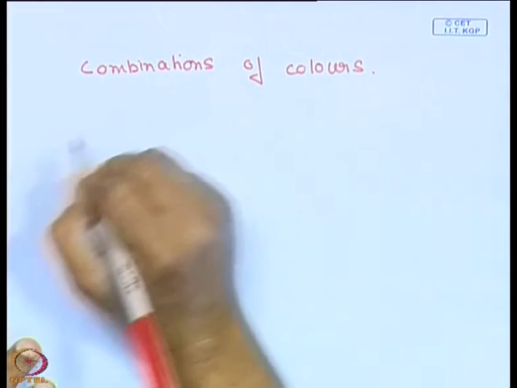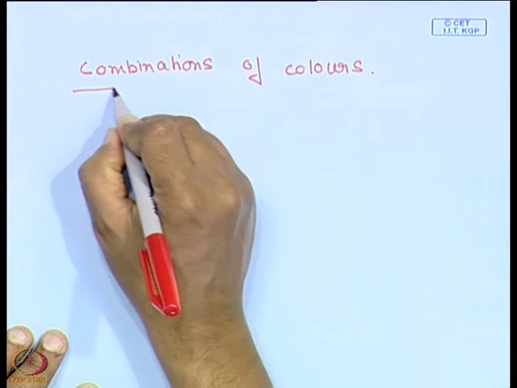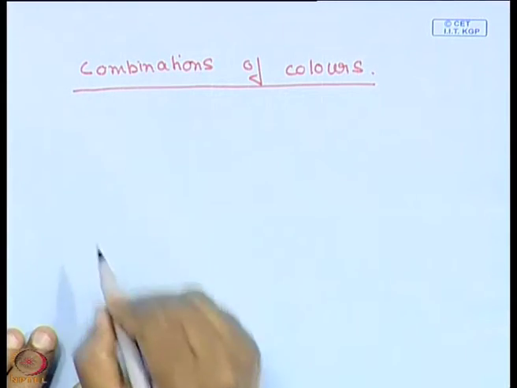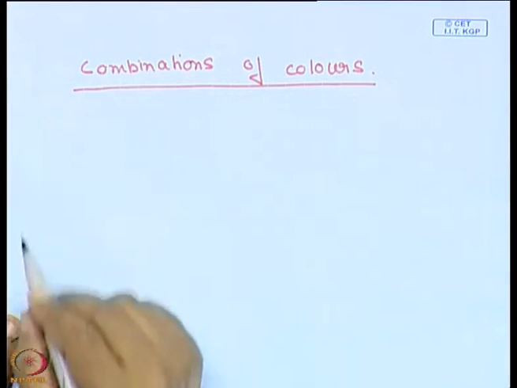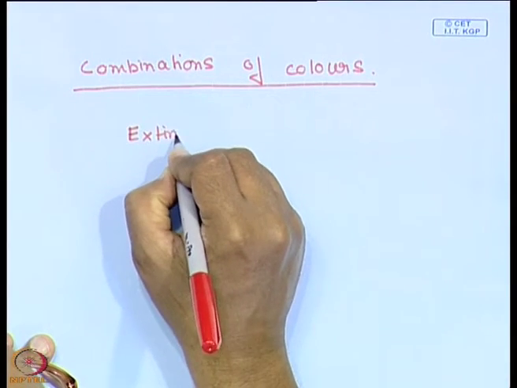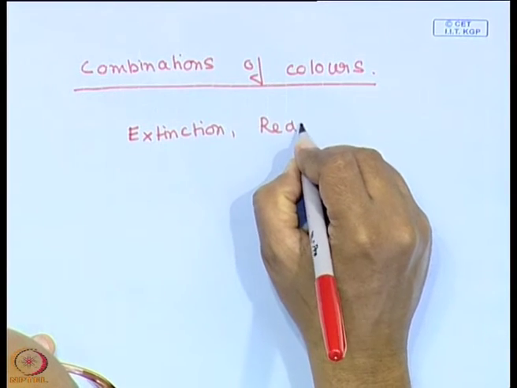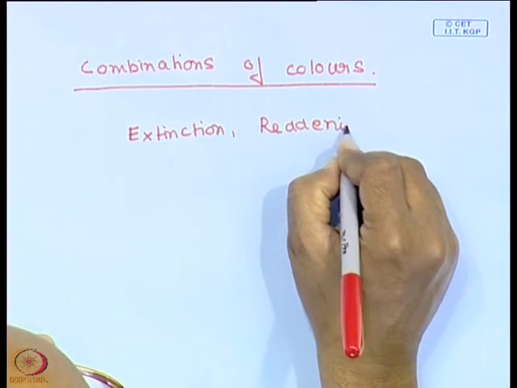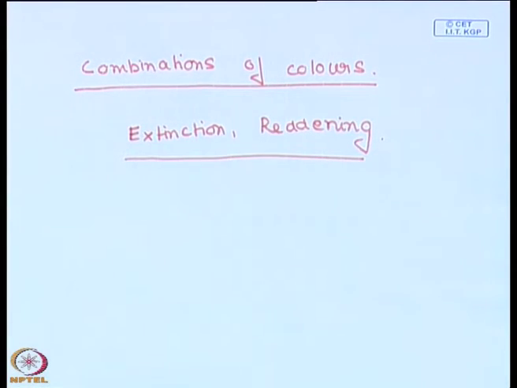One can look at combinations of the colors, and one can then explicitly work out how much absorption has taken place. From this one can work out the amount of extinction and reddening, by using combination of colors.